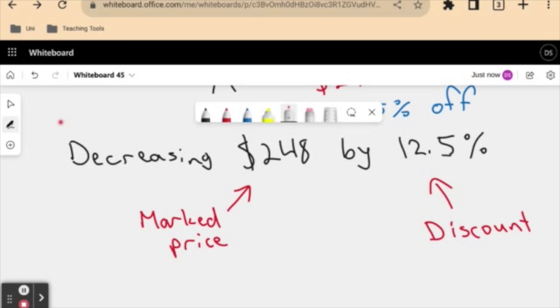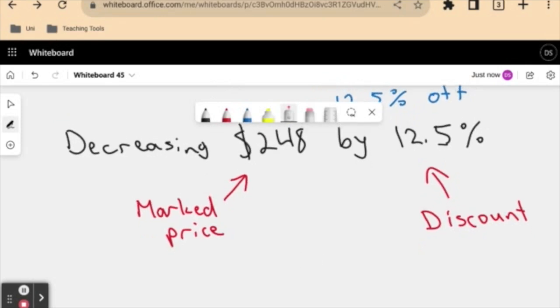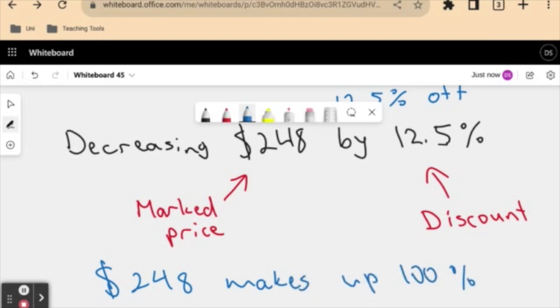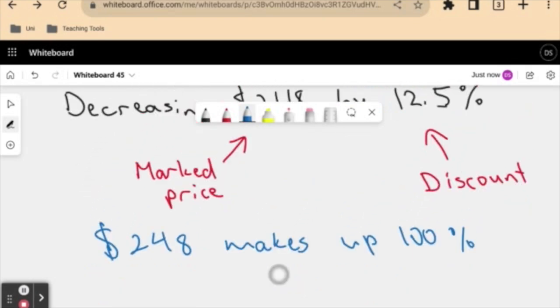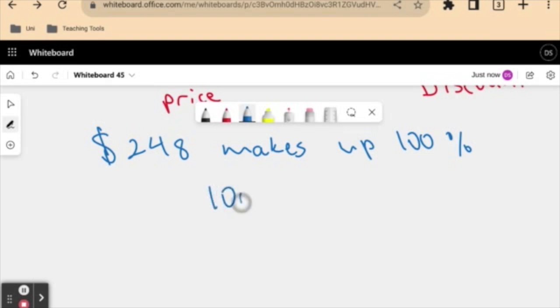Now, we can do this in a number of ways, but I'm going to use the quicker, more efficient method from those two videos, which is going to say that our price, our $248, makes up 100%. That is our whole. And from that, we are subtracting 12.5%. And that will give us 87.5%.